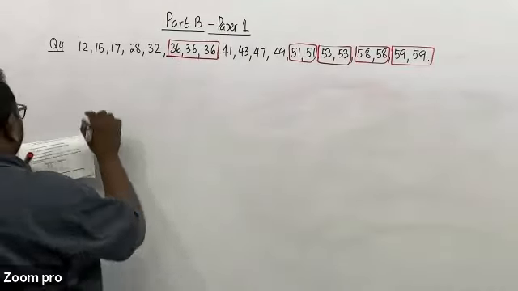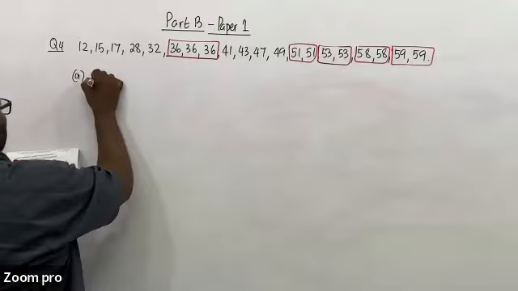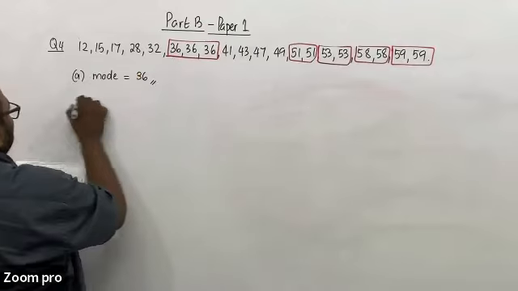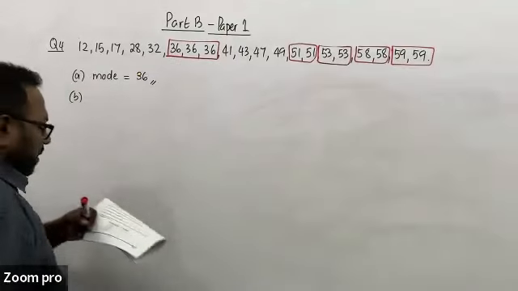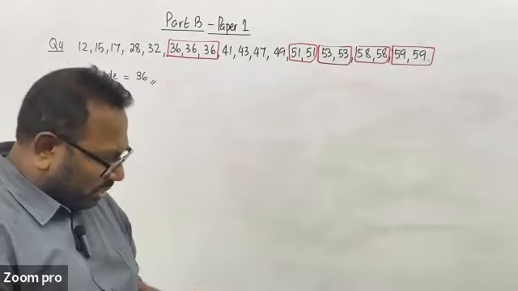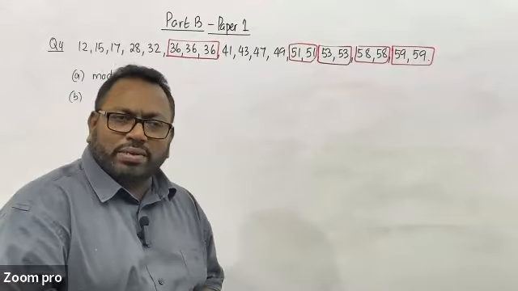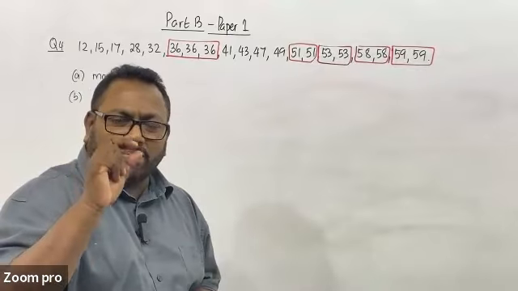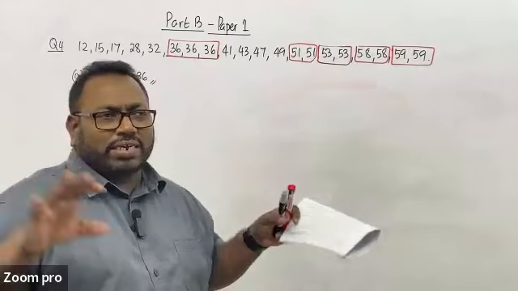Right? So question number A, what is your mode? 36. Question number B, what is the median of the marks? So what do we mean by median, people? Median is the centermost number in a given data set.